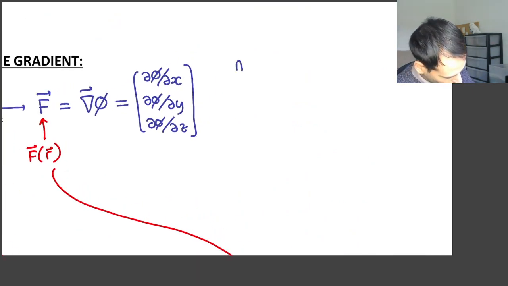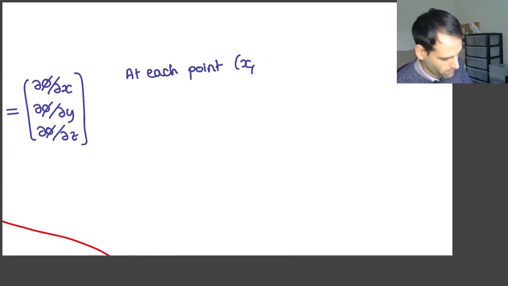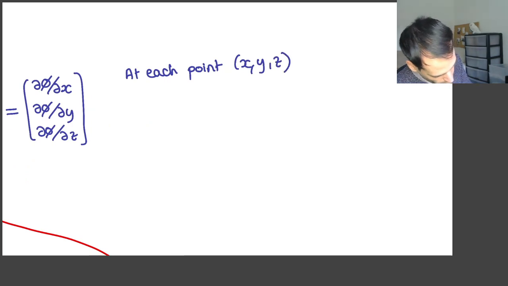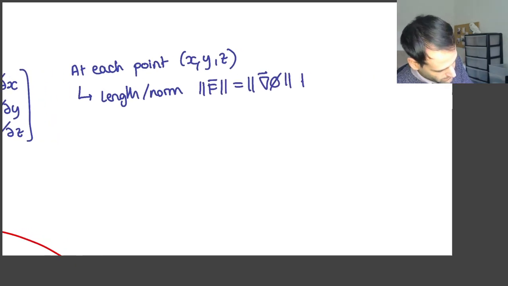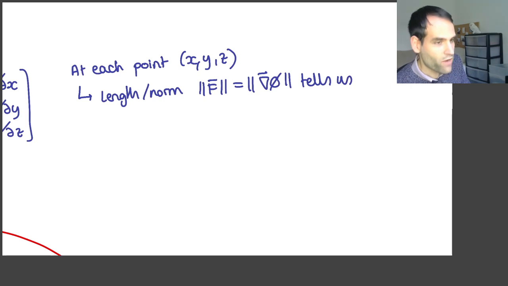So at each point x, y, z, the length or norm of F, which is the length or norm of the gradient of phi, tells us how fast the scalar field is changing.